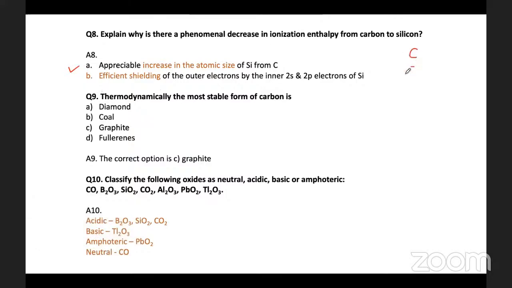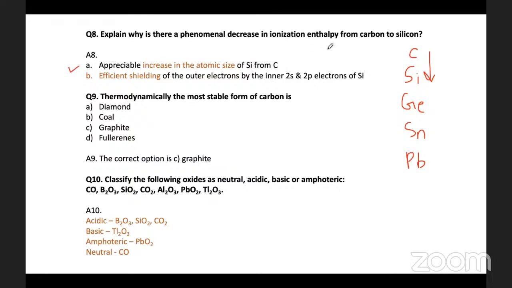So here we have carbon, here we have silicon, then we have germanium, then tin, and at last lead, that is Pb. From carbon to silicon, we have an increment in atomic size.